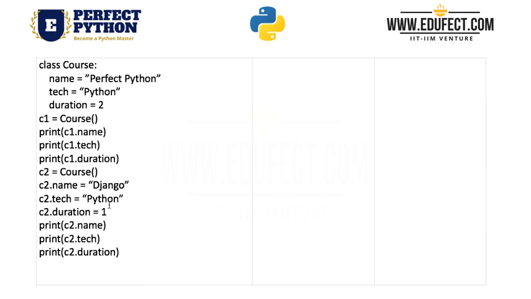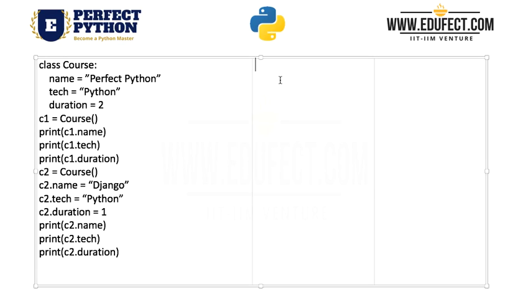Let's look at the same example in the context of the class course. In the class course, we are saying C1 is equal to course. Now when we say C1 is equal to course, notice what will happen here. C1 is of type course, and when we create it, the name is Perfect Python, the values we have defined, then Python, and 2.